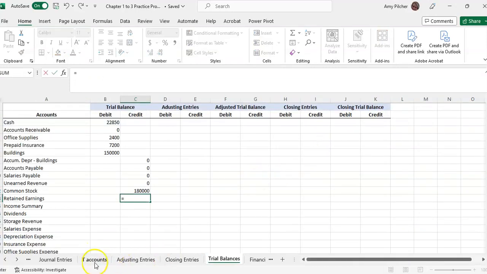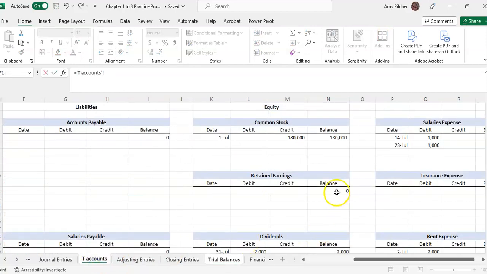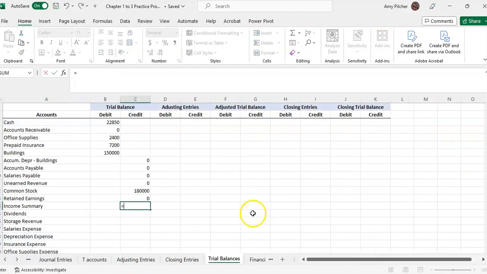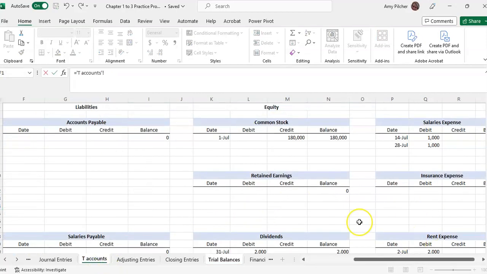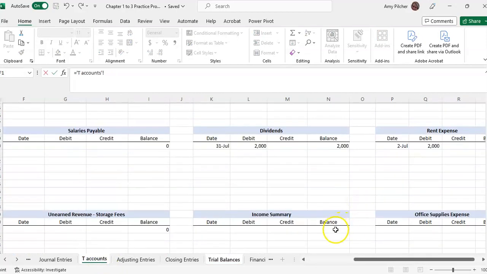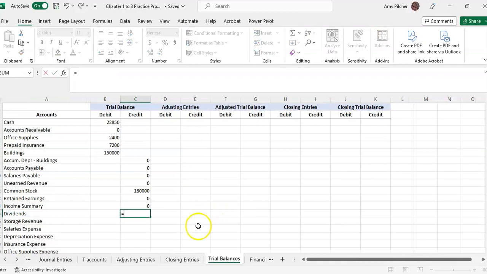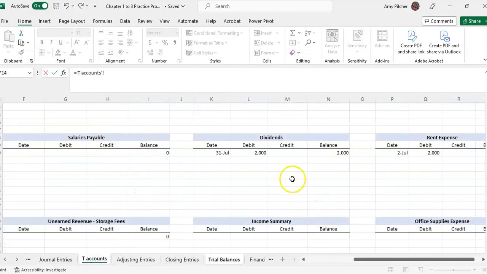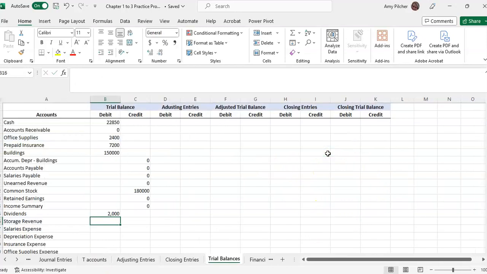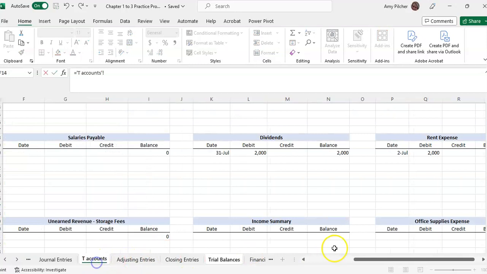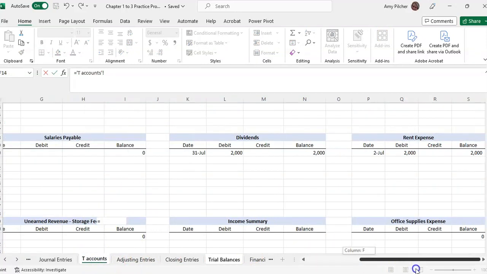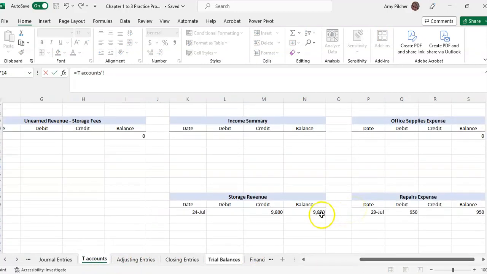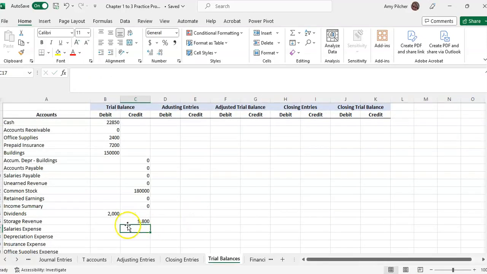We're not going to have anything in retained earnings yet because we're in our first month. Income summary is empty also. We haven't done anything. Dividends has a debit. Okay, storage revenue is a credit. So also making sure that we're pulling to the right side of the trial balance.